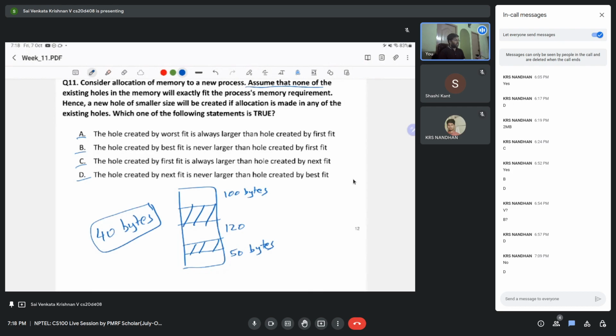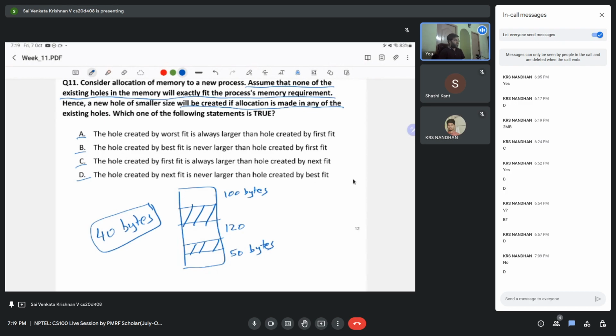So this is the assumption: none of the existing holes will exactly fit the requirement. There is no 40 bytes hole as such. If you want to place 40 bytes in any of the free regions, it will lead to a split of the holes, because a new hole of smaller size will be created if the allocation is made in any of the existing holes.